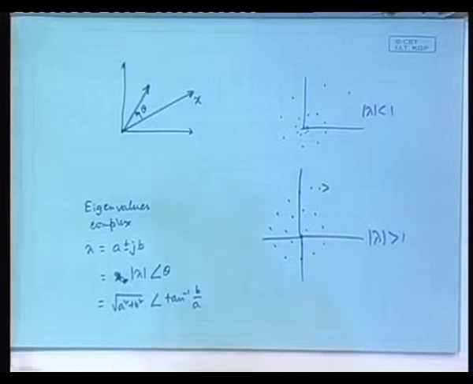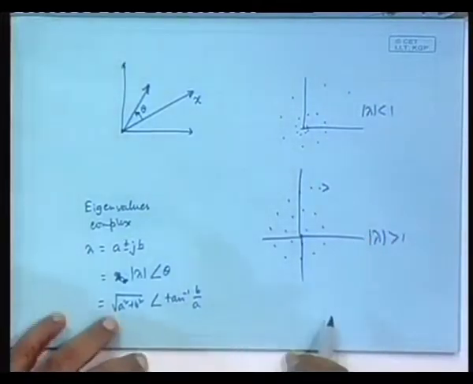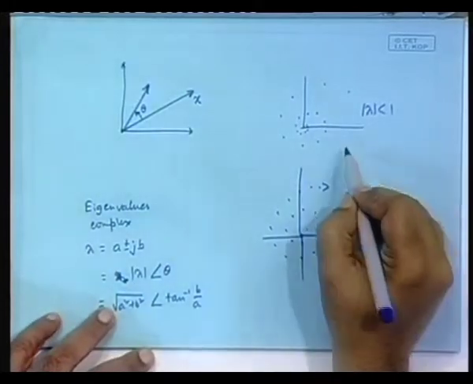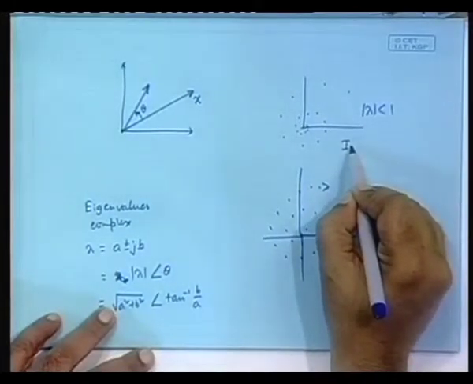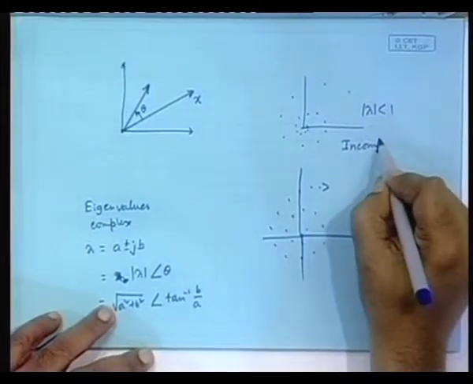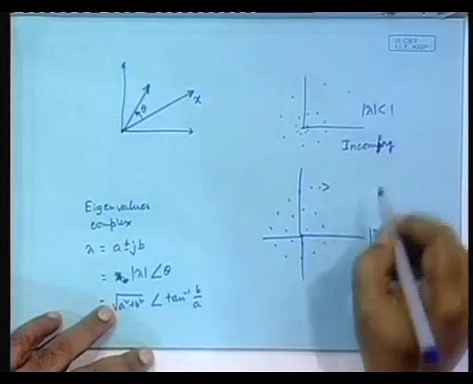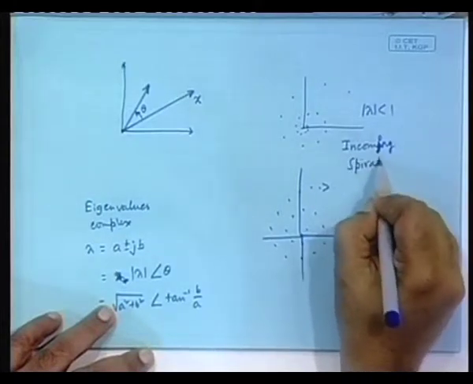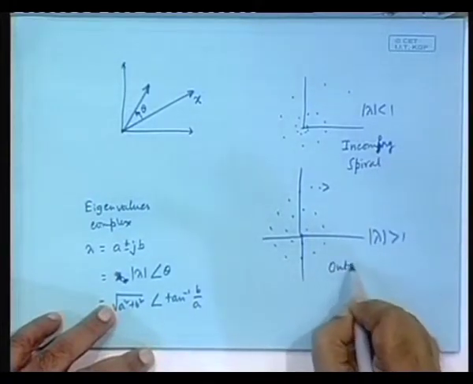Okay. So, these are the two additional behaviors. This is the incoming spiral, and this is the outgoing spiral.